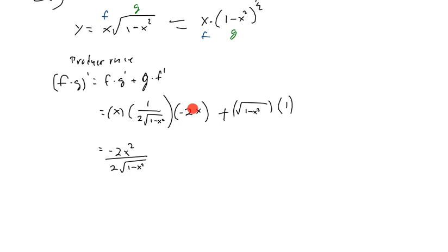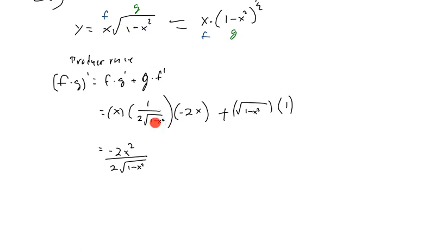This negative 2x is the derivative of the inside part here. So this was the derivative of the outside, the radical part. When I do the derivative of the square root, I get this, and then times the derivative of the inside part. This is my chain rule.